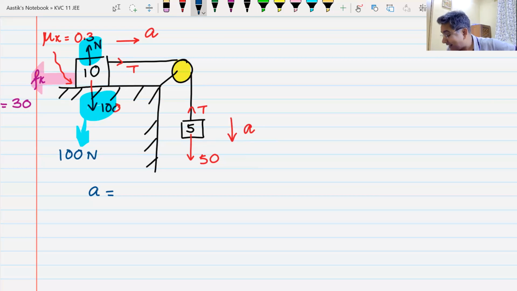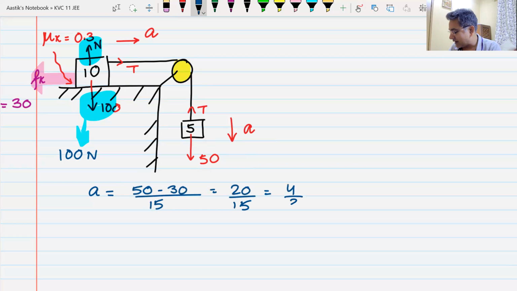That would be 50 this side minus 30 that side divided by the total mass 15. So it will be 20 by 15. And you see, no negative comes here. It becomes 4 by 3 meter per second square in the downward direction.